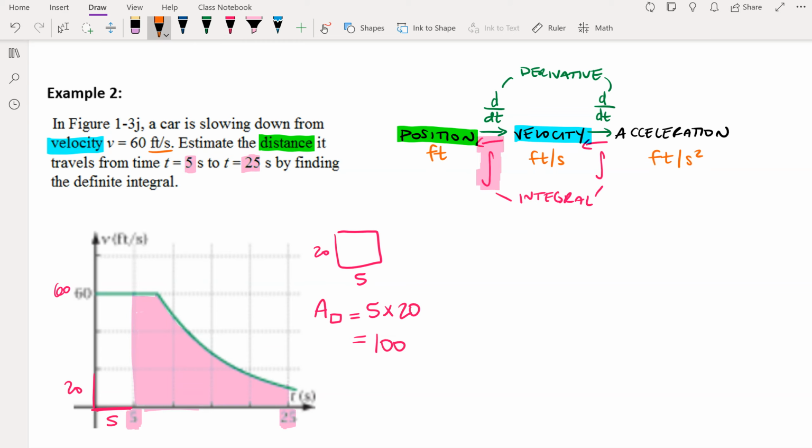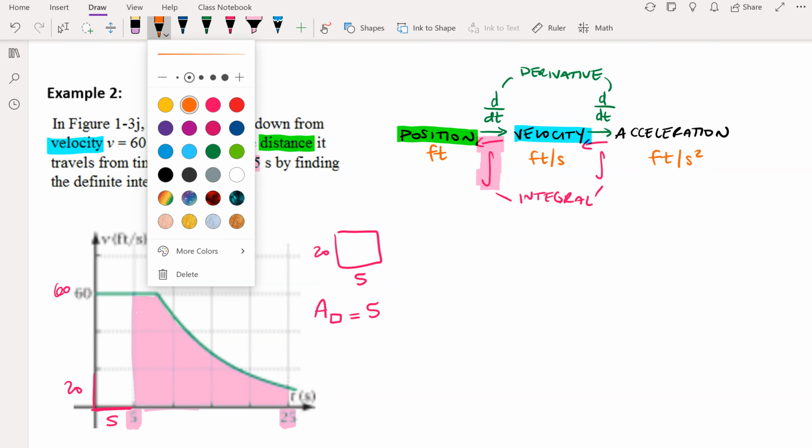And then let's make sure we put some units on that. Actually, we do need to put units. Sorry, here, let me put the units on the 5 and the 20. That way we can see where they came from. Sorry, y'all.